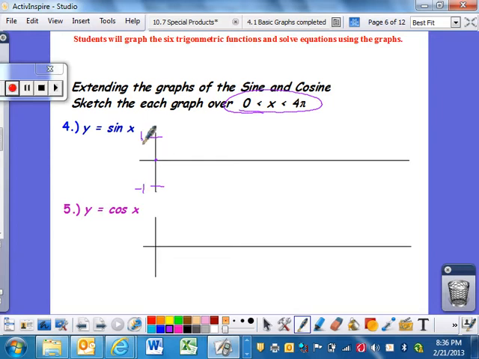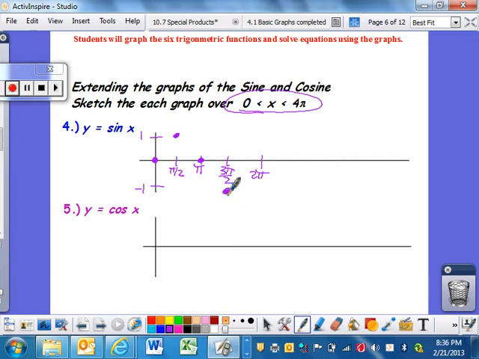Going around the circle, the major critical values are at 0, and then, as on the last ones, straight up, which is pi over 2, straight to the left, straight down, and then where I start over. That's one cycle. So for the sine curve, sine of 0 is 0, the y value straight up is 1, the y value straight left is back at 0, and the y value straight down is -1.